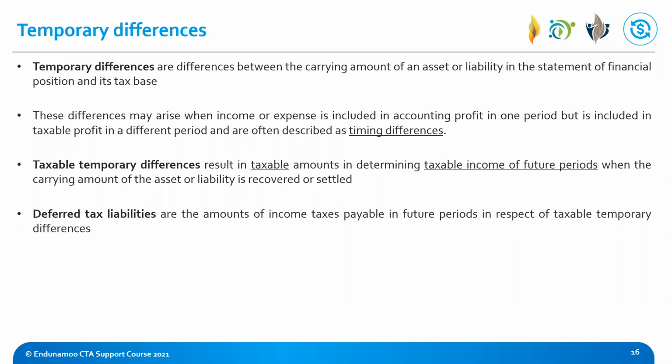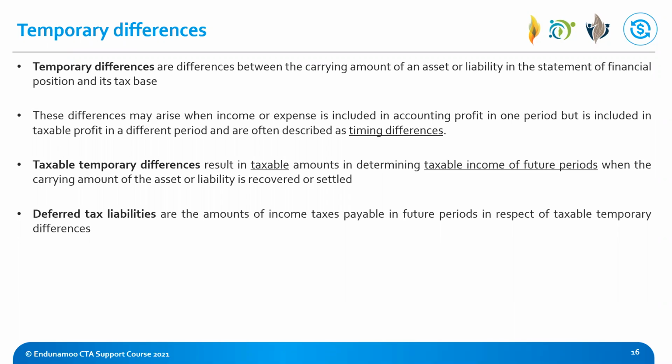If I expect future accounting profit of 100,000, and I have a taxable temporary difference of 20, then I will expect taxable income in future periods to be 120, because there is an amount that will be taxed for tax purposes that will not be taxed for accounting purposes. We call that difference a taxable temporary difference.